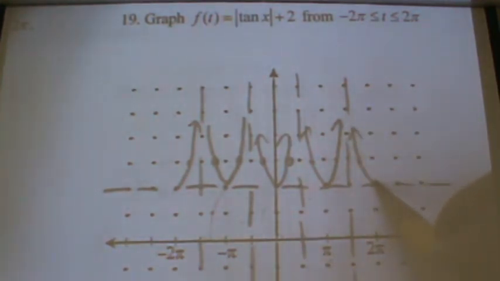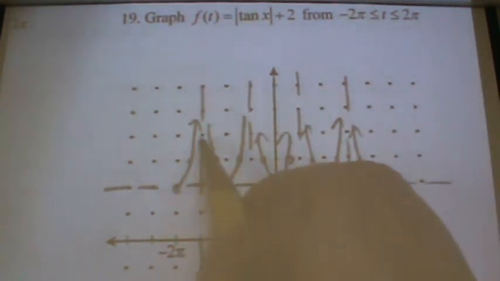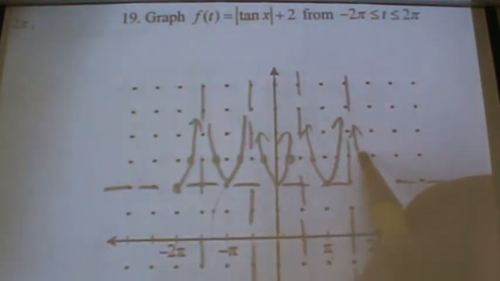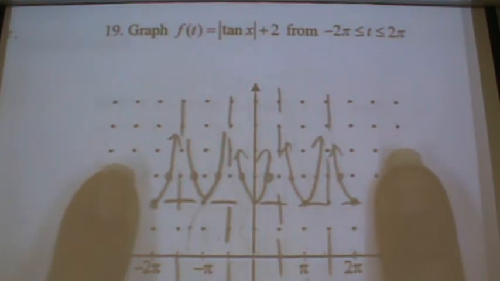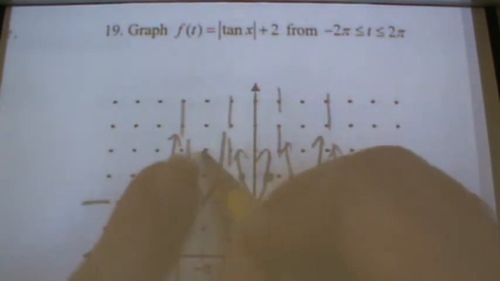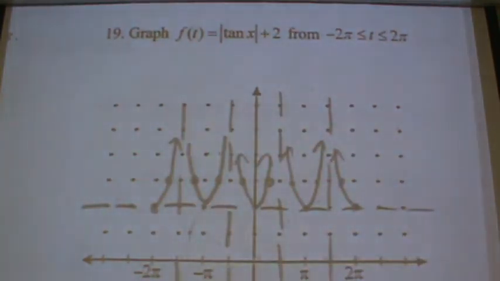And notice how I stopped right there. That's to show you that I'm only graphing negative 2 pi to 2 pi. Now, if I had a number in front of the absolute value like 2, it would be going up to 2. The steepness would be 2.